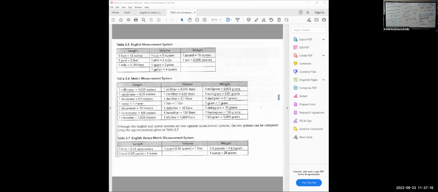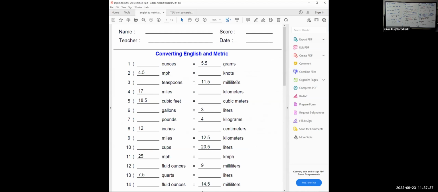Okay. Same thing here. No matter what they give me, if they give me cups, no matter what they give me, go to quarts. Quarts then turn into liters, and then liters then turn into one of these. Okay, now on your homework, you have some questions that say miles.